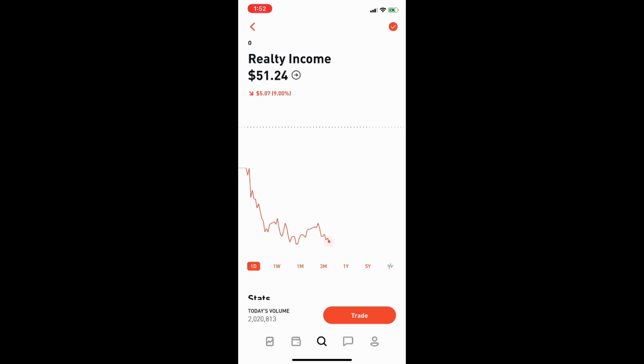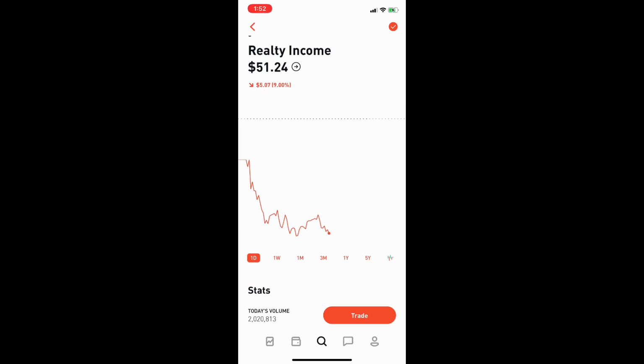Within the Robinhood app, you can see their trends over the last day, week, month, 3 months, year, and 5 years. I wish it went back further, but 5 years is enough to work with within the Robinhood app, and you really can and should go outside of the Robinhood app, Google the company, do some research, go to marketwatch.com and look at the company's financials, and really find out more about the company than what Robinhood has to show you.